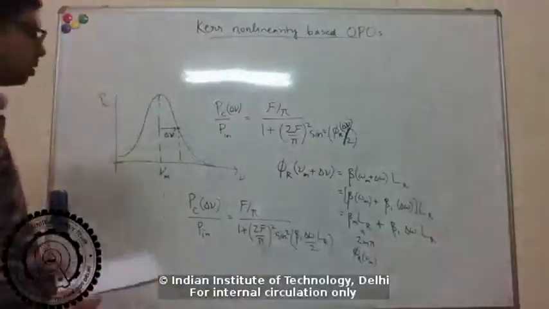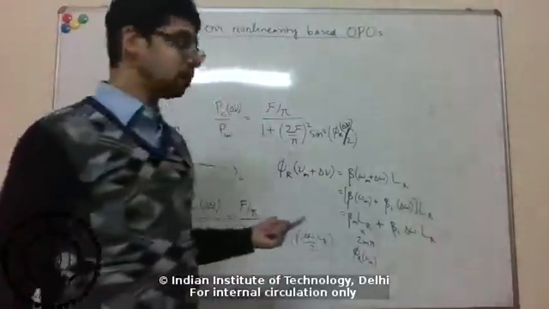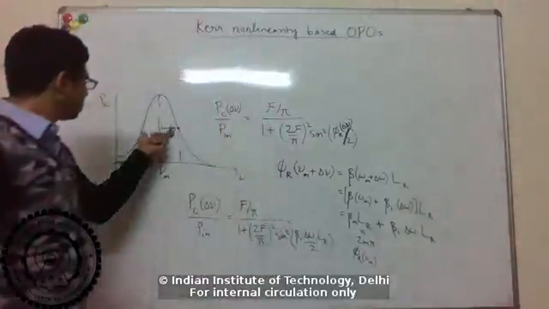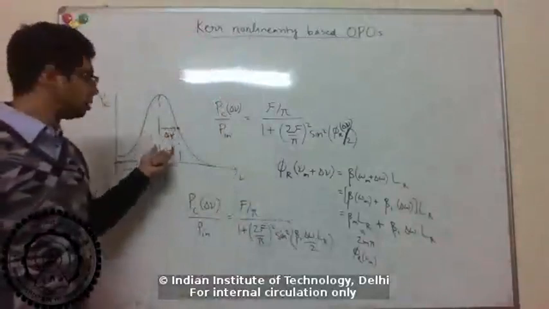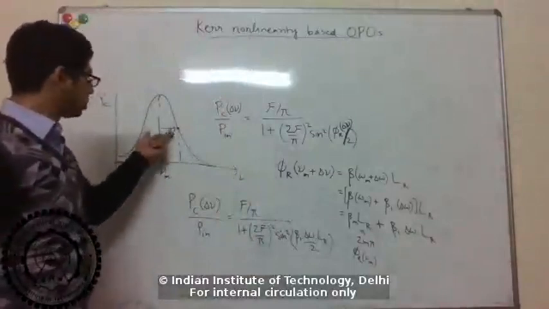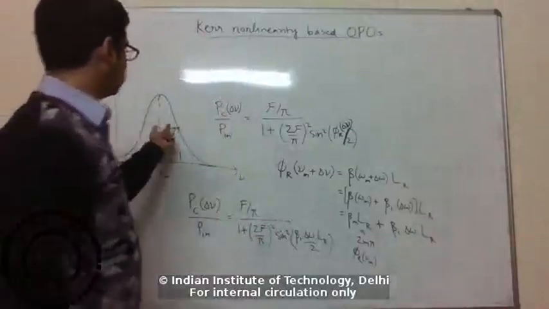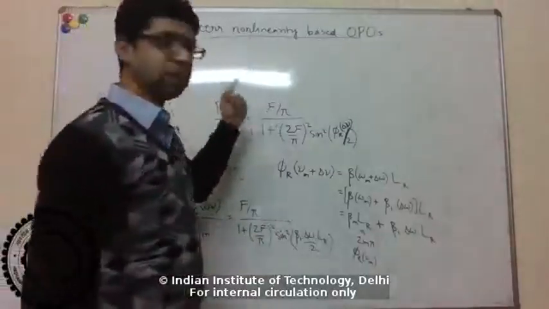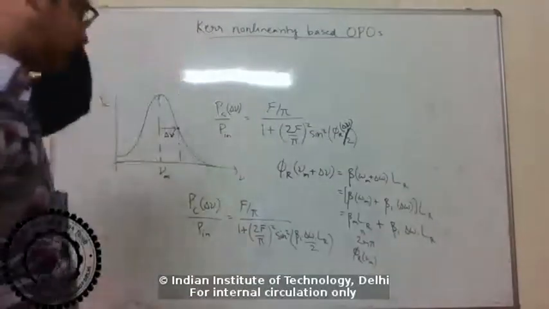And now we make an approximation that for a good cavity, this line width is usually very small. This line width is basically inversely proportional to the finesse, which is related to the reflectivity, transmittivity, or the loss, right?